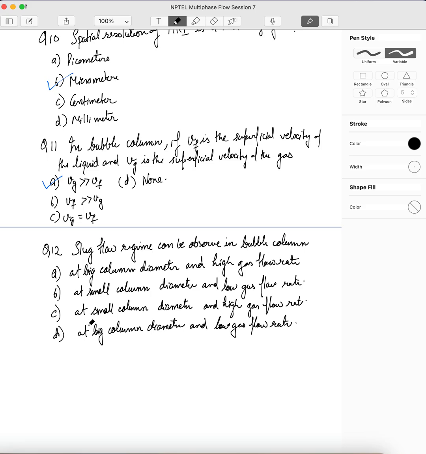There is a chart where you will see different regimes dependent on the column diameter and the gas flow rate. So the correct option for this is this. Okay.